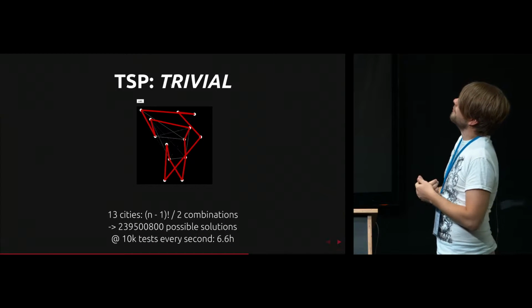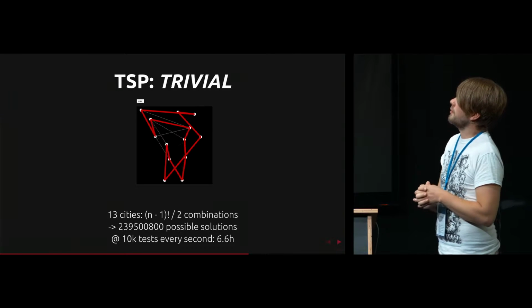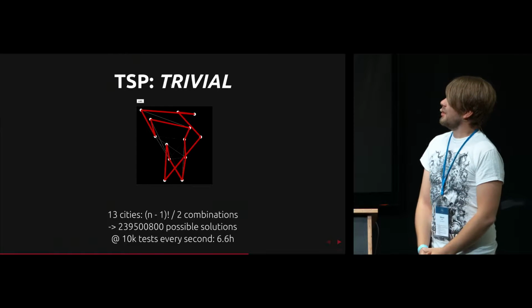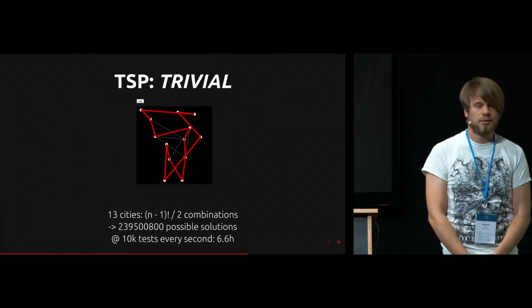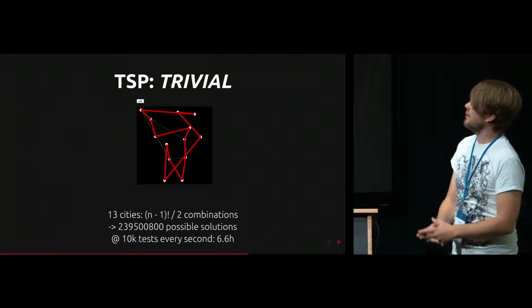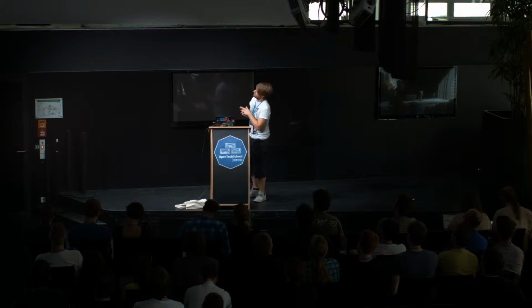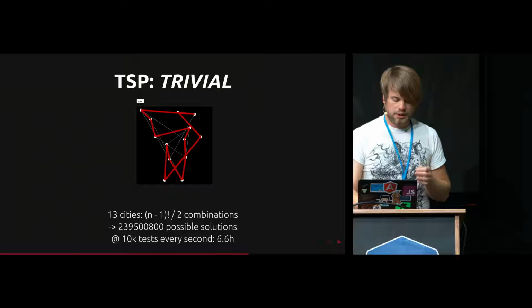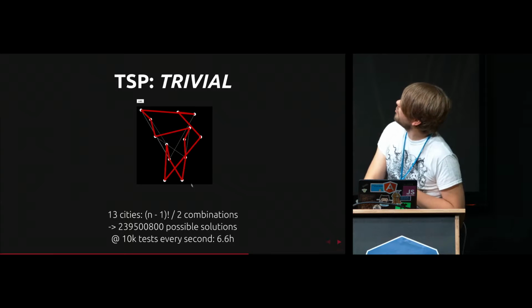With 13 cities, the formula for this is (n-1)! divided by 2. That's 239 million possible combinations. If we could do 10,000 calculations every second, that would take us 6.5 hours. Again, that's too much for the talk. So we need to find a better way for that problem.